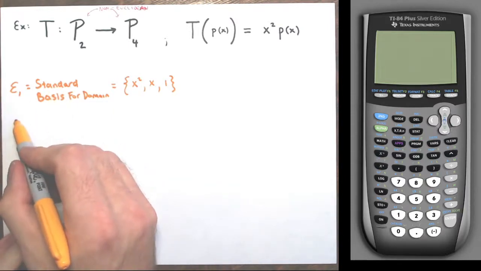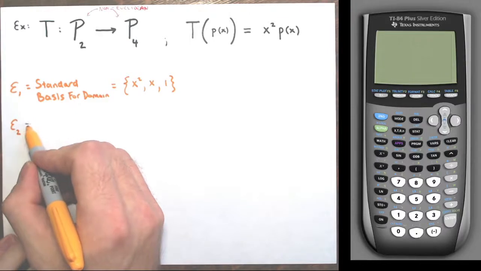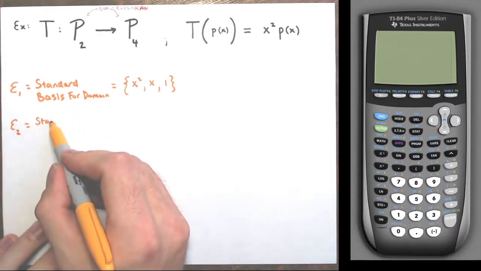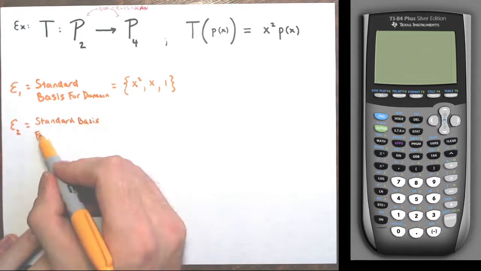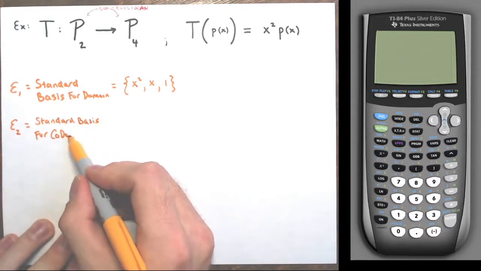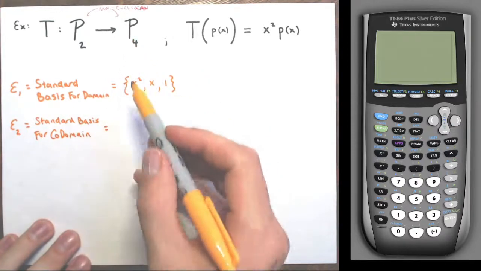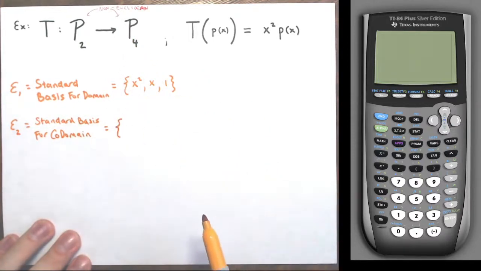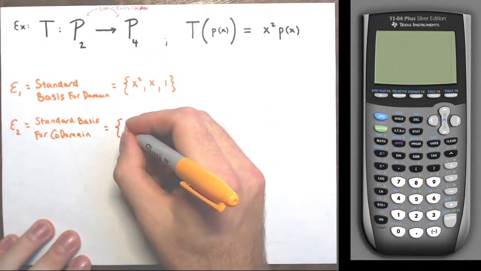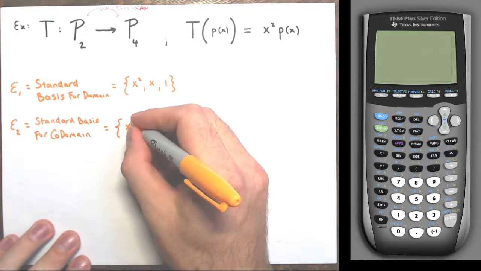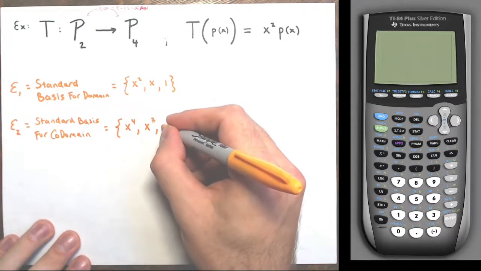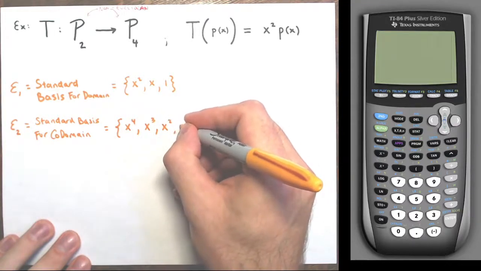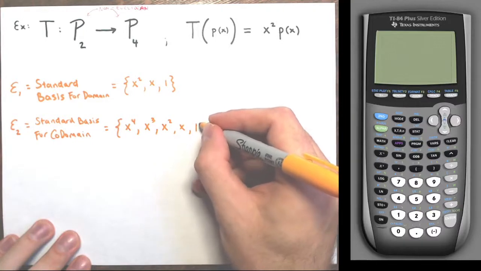And similarly, I'll say E2 is the standard basis for the codomain, for P4. Very similar to P2: every polynomial of degree 4 or less is some scalar multiple of x to the fourth plus some scalar multiple of x cubed plus some scalar multiple of x squared plus some multiple of x plus some multiple of 1.